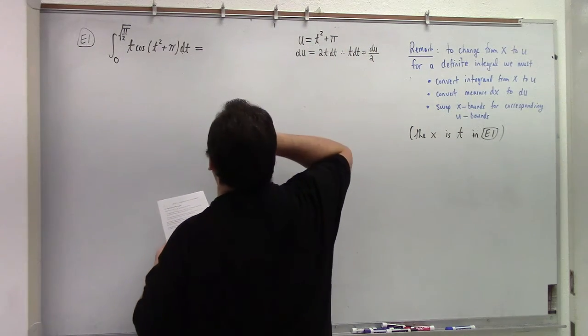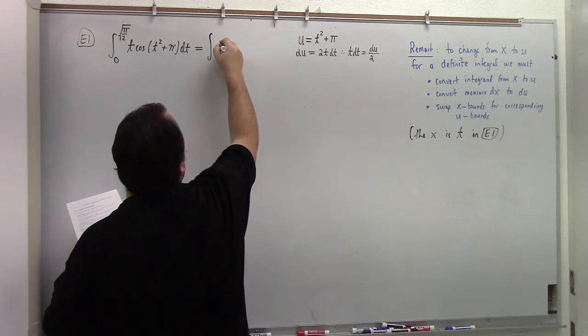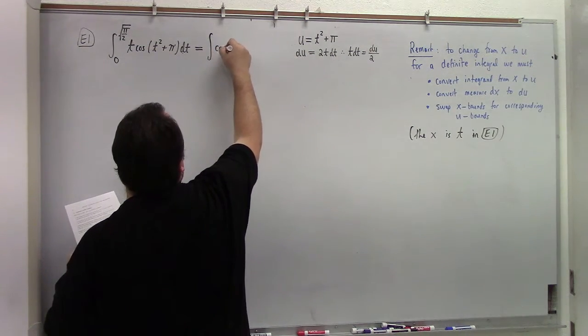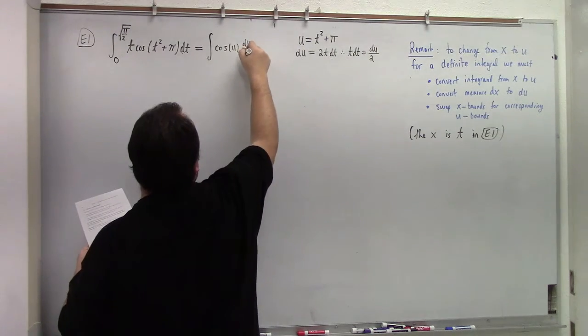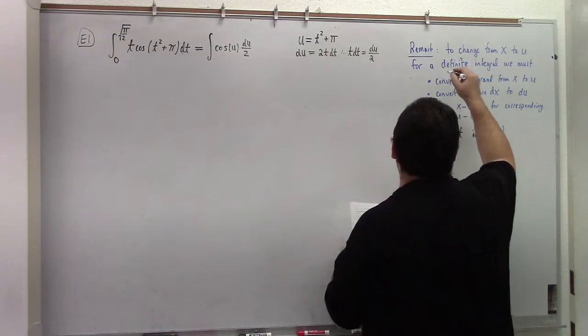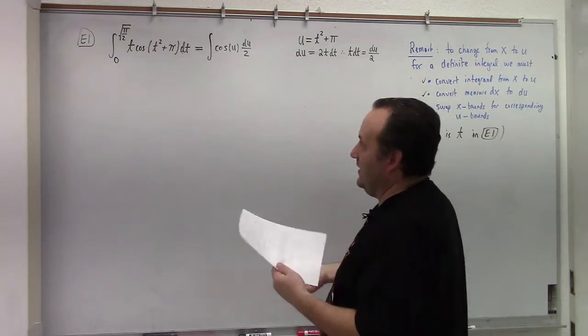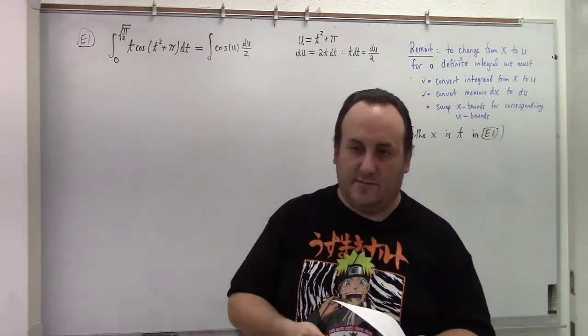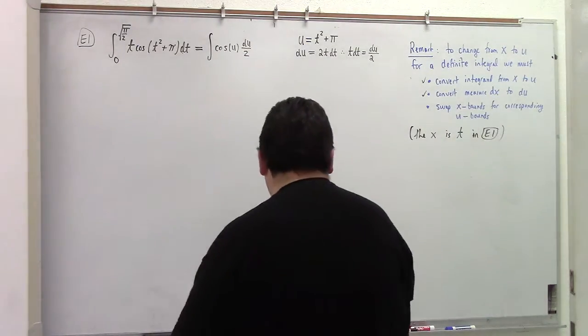So this is the integral of cosine of u times du over 2. At this point, I've converted the integrand and the measure, but I haven't done the third one. I haven't changed the bounds. How do you change the bounds here?